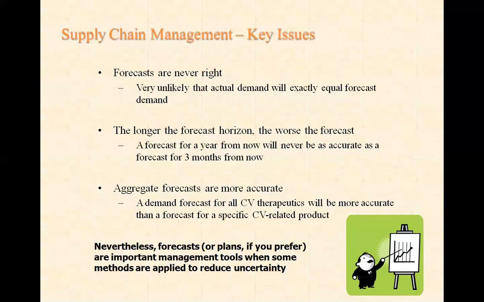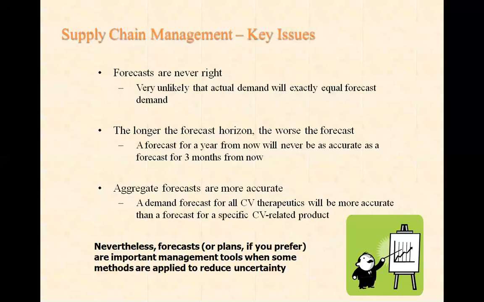Forecasts are never right. It is very unlikely that actual demand will exactly equal forecast demand. The longer the forecast horizon, the worse the forecast. A forecast for a year from now will never be as accurate as a forecast for 3 months from now.